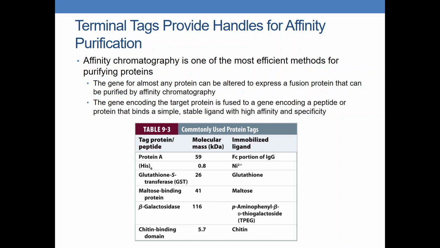Now, there are a couple of things to note here. The first of which is that many recombinant vectors that you can purchase commercially actually include a tag upstream of the insertion site for your gene of interest.